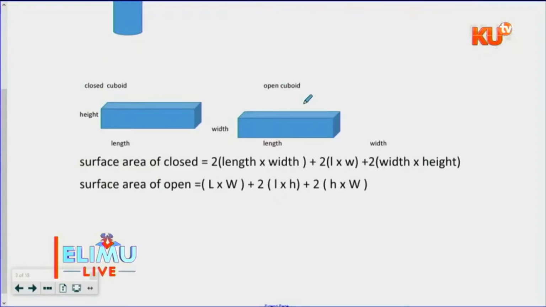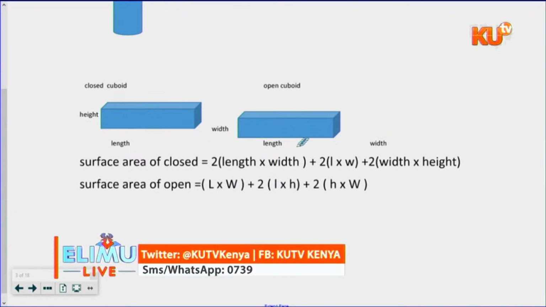All right, we say the top is not there. So what will be the formula of getting area of the bottom? It will simply be length times width, because it is only the bottom part that is there. So we'll simply say length times width.